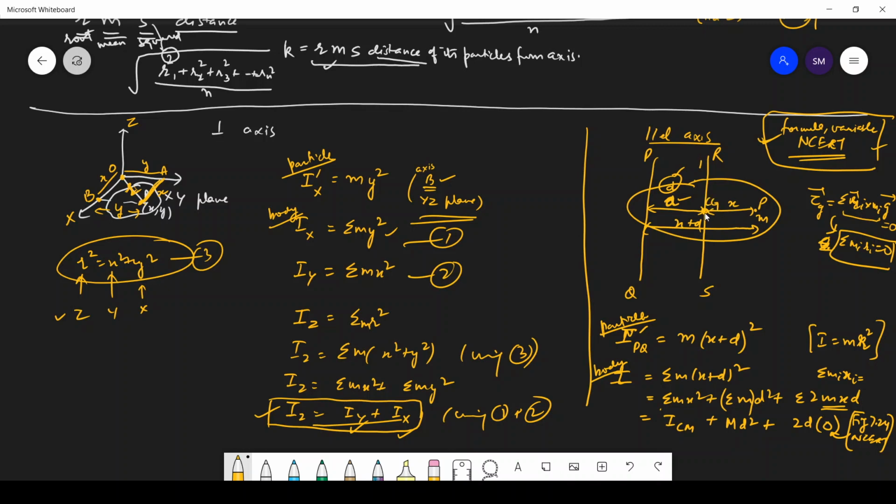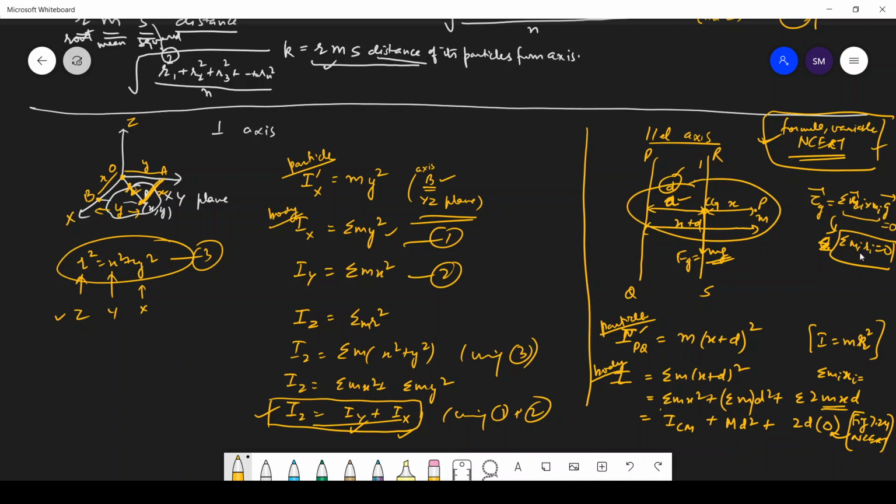So if you are holding this body at the center of gravity, that is the point where the body is pulled by the gravitational force. Gravitational force is acting.